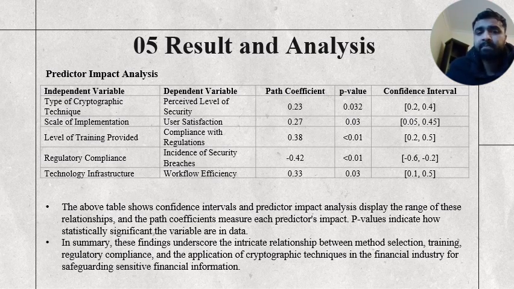Also, if the independent variable is negatively affected, the dependent variable will decrease, and if the independent variable is positively impacted, the dependent variable will also increase. So on to the next slide.